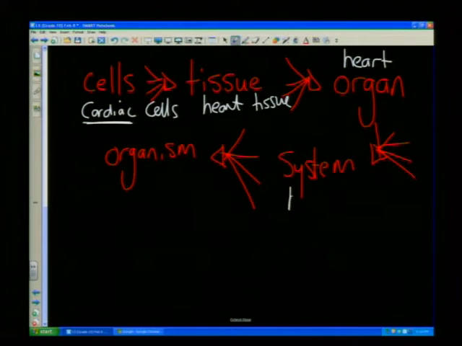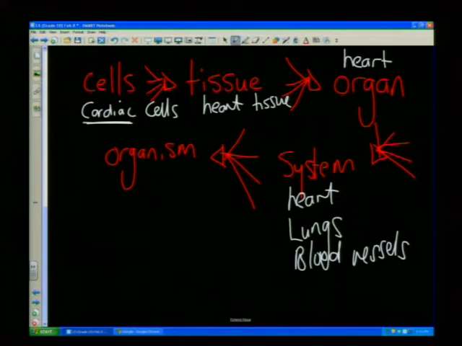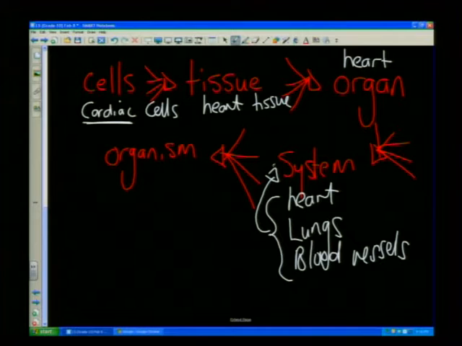And the heart plus the lungs, plus your blood vessels, so your arteries and your veins, all join together to form your cardiopulmonary system, and that supplies and pumps oxygenated blood to the heart and to the rest of the body, and carries carbon dioxide away from all the organs, and it makes sure that our organism is fine.